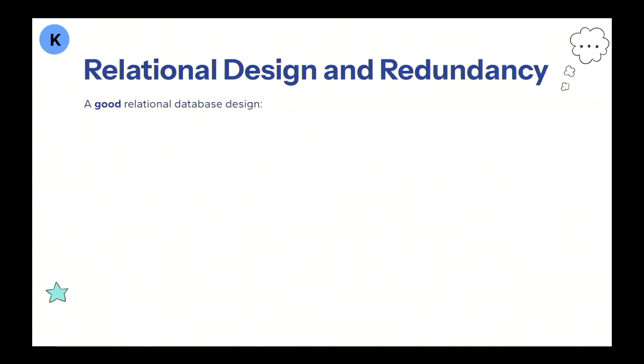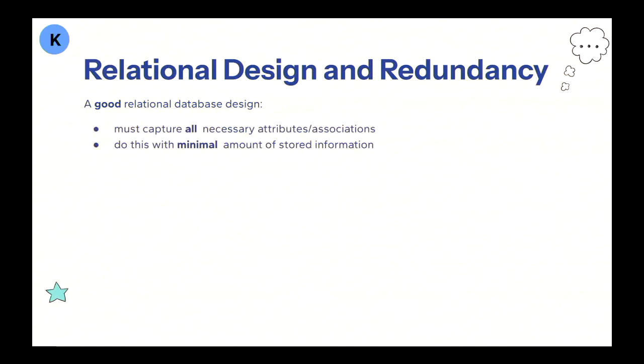So talking about a good relational data design, what should it do? It must be able to capture all the necessary attributes and associations. And it should capture all the information with the minimal amount of stored information. So we can always store additional information in order to capture all the attributes, all the associations, all the relationships.